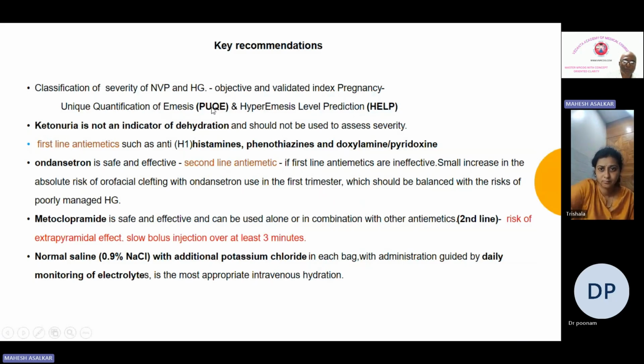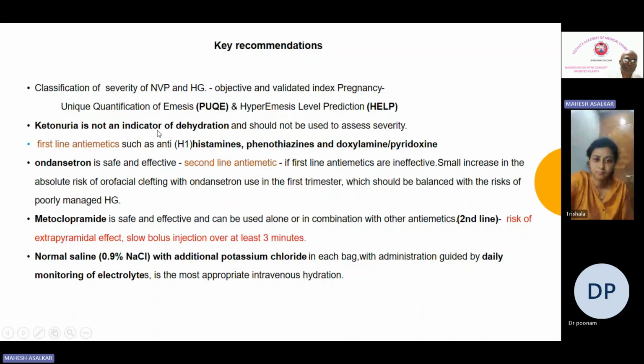These two words you should remember: PUQE and HELP. These are the scores which are used for severity classification. So there can be an SBA, where they may give 3-4 different scores, and one of the scores may be this or this.